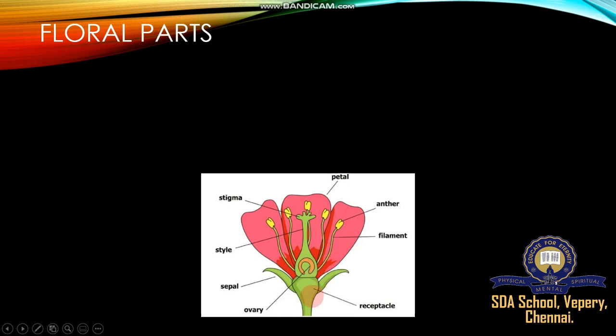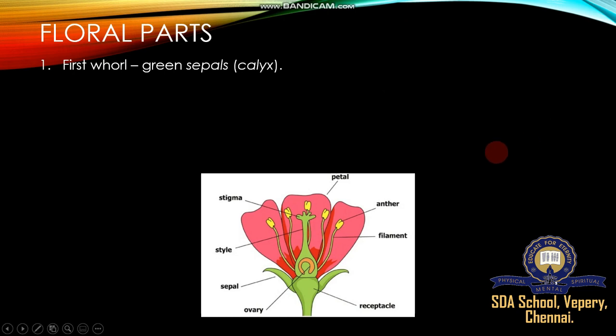So here there are 4 whorls: outer calyx, corolla, androecium and gynoecium. This is called a tetramerous flower. Tetra means 4, merous means whorls: first whorl, second whorl, third whorl and fourth whorl.